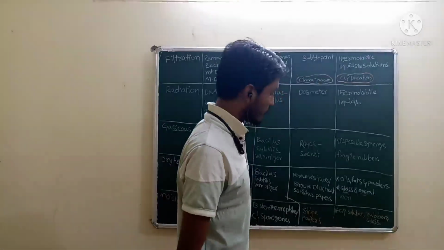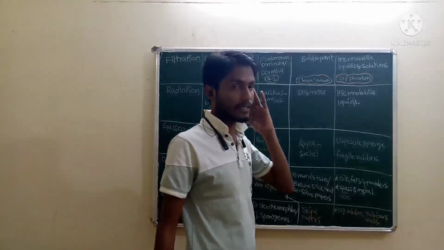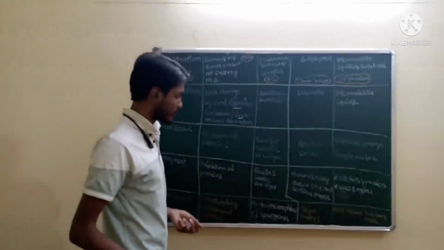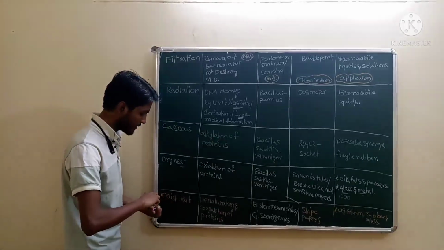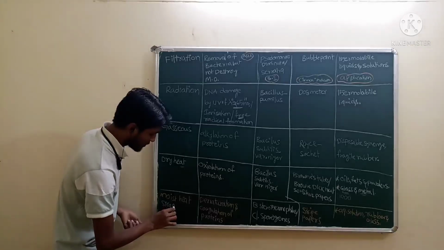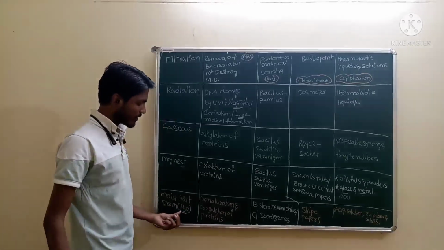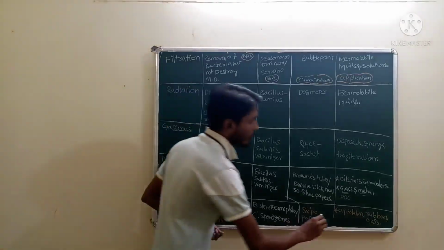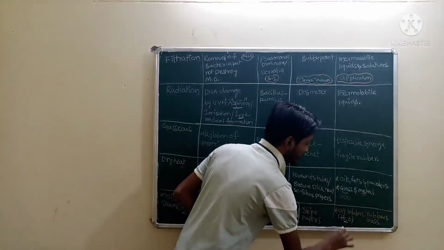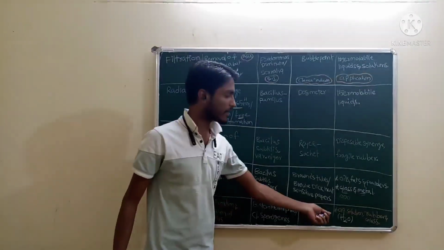Now for what kind of materials is moist heat sterilization applicable? Aqueous solutions. Moist heat is nothing but steam, and steam is nothing but water, so it is applicable to water-containing solutions.